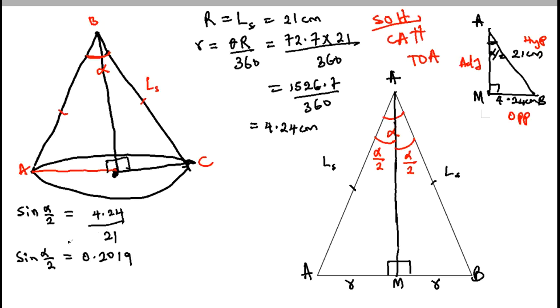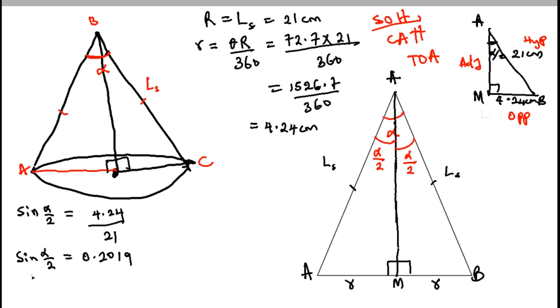So to get alpha over 2, we move sine to the other side.